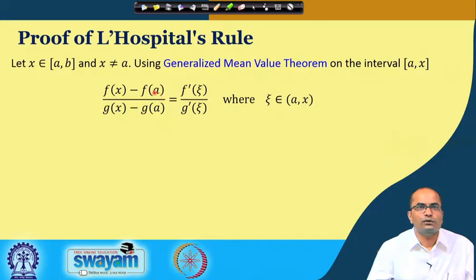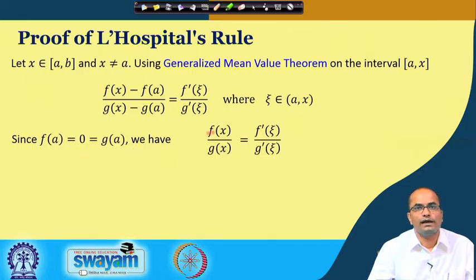Okay, so we know that the value of both the functions f and g at a is 0. So, the left-hand side will become f(x) over g(x). What we have here is that f(x) over g(x) is equal to f prime of xi over g prime of xi, and xi belongs to the interval a to x.